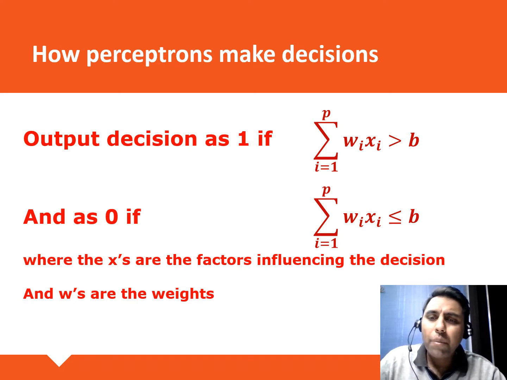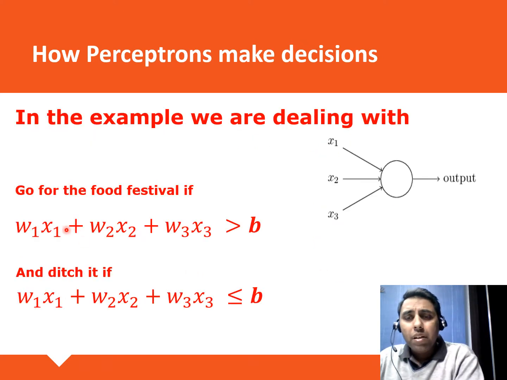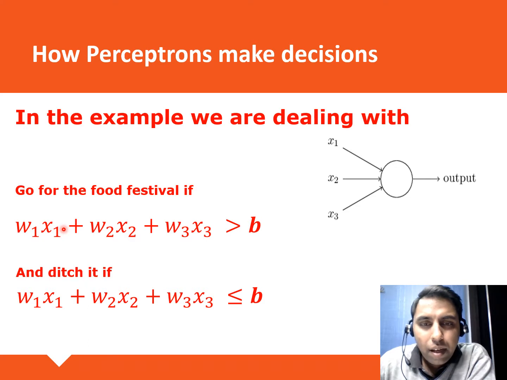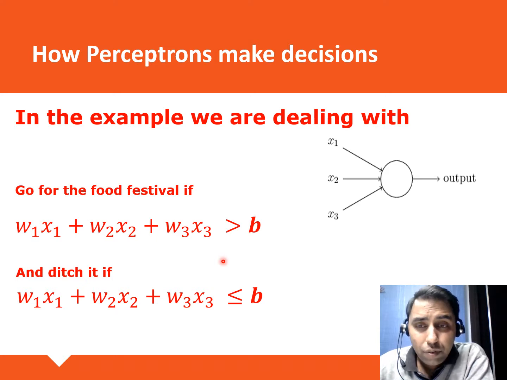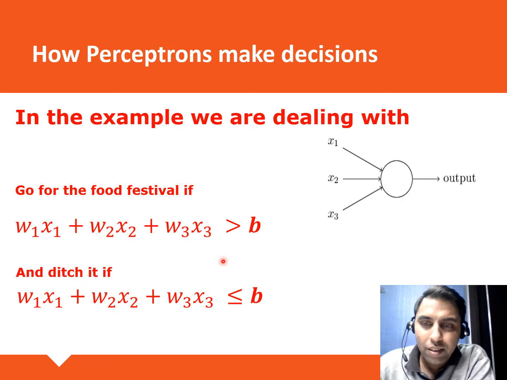Okay, so coming back to our example that we were looking at. In our example, we had three influencing factors, right? And we'll call them x1, x2, and x3. These were factors like x1 was weather, x2 was whether or not you will have good company, and x3 was whether or not there is parking space near the venue.